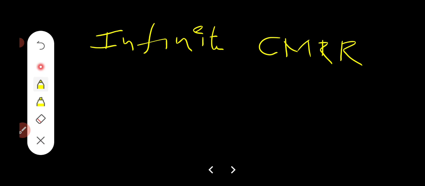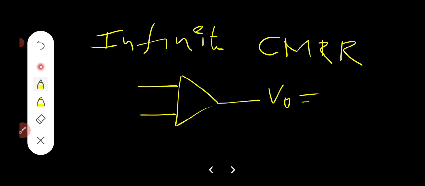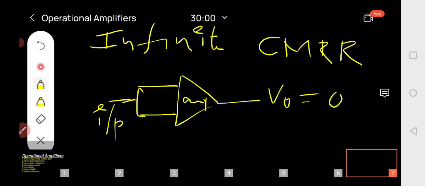Infinite CMRR means that if the common input is applied to the operational amplifier, the output voltage is equal to 0.